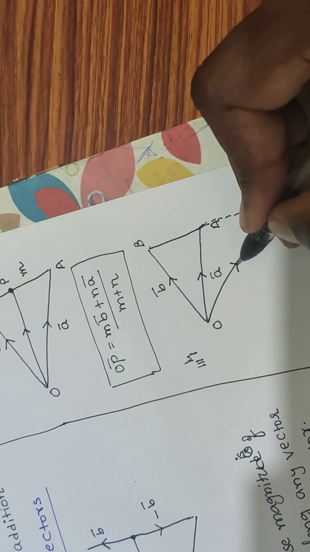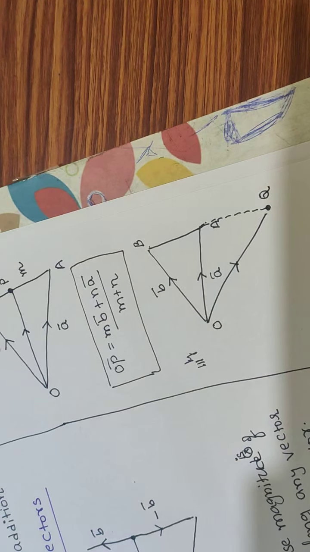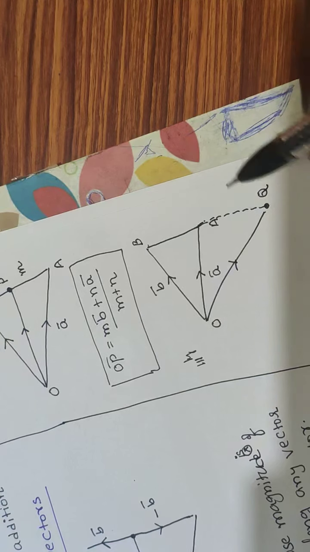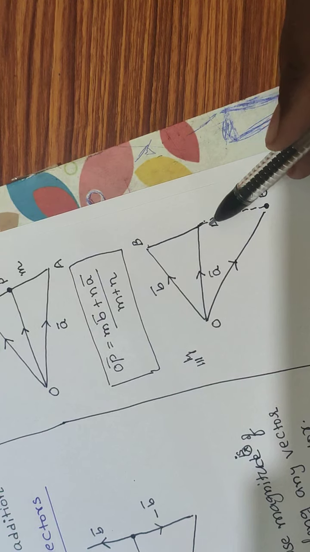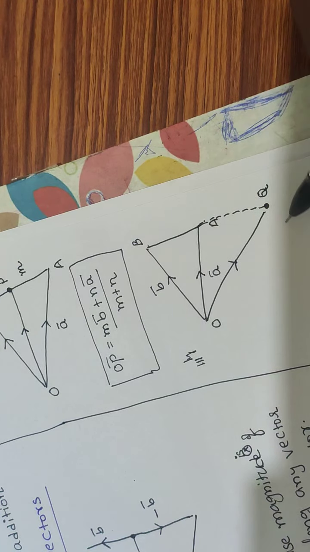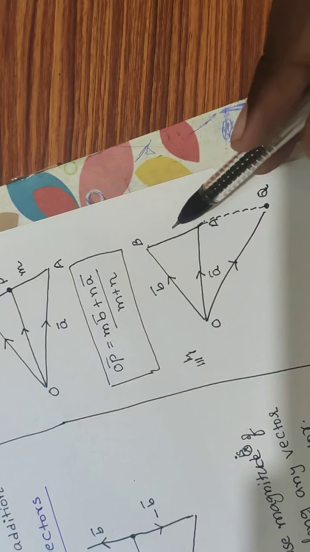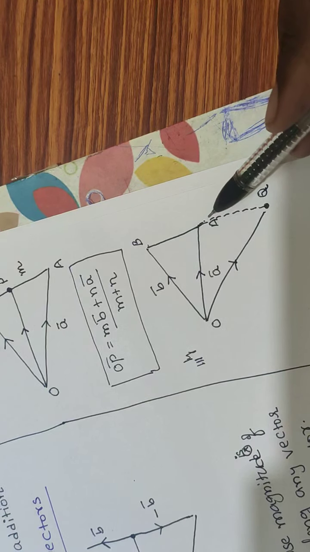But it divides in the ratio m is to n. Then how to find the position vector of point Q? This is called external division. Again this Q divides AB in the ratio m is to n.